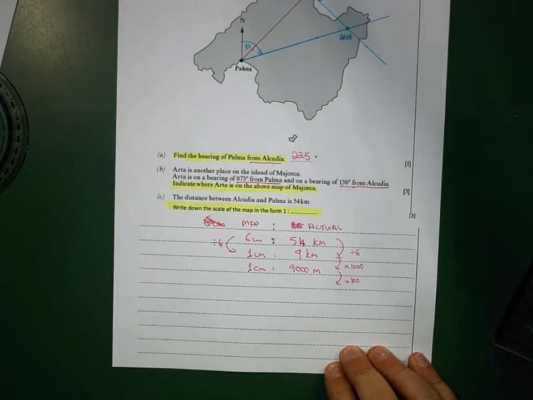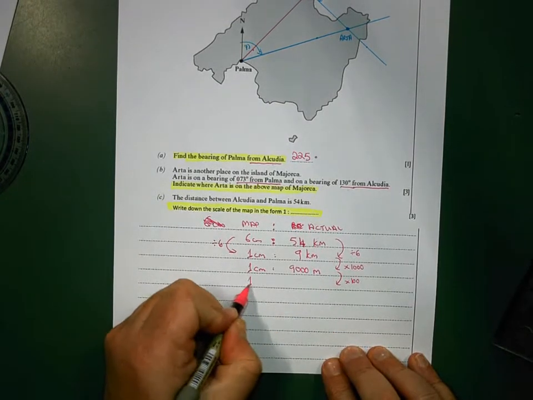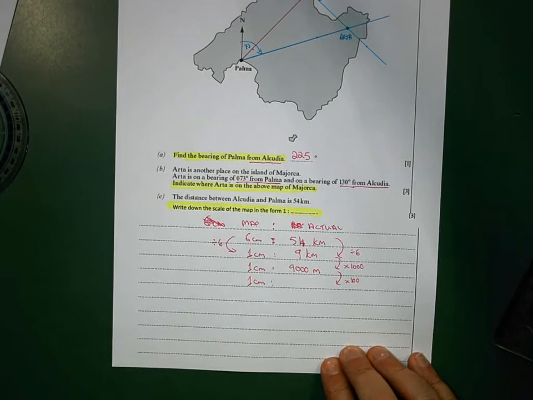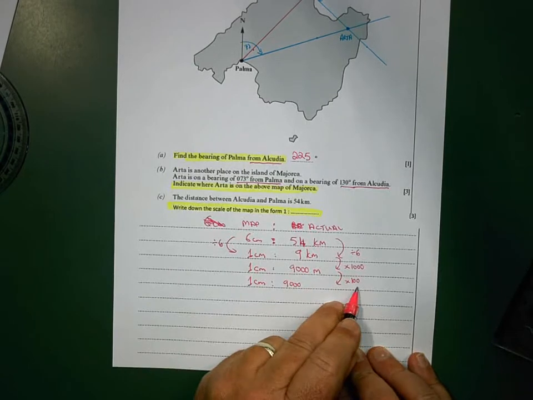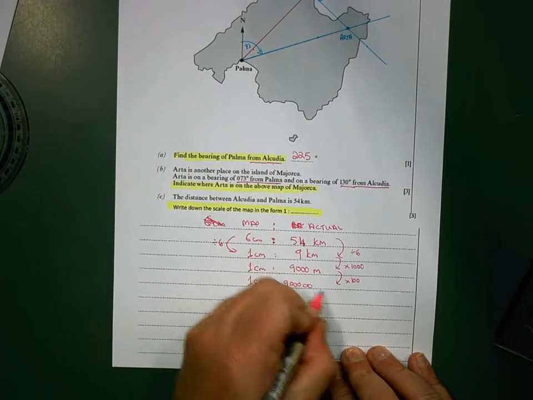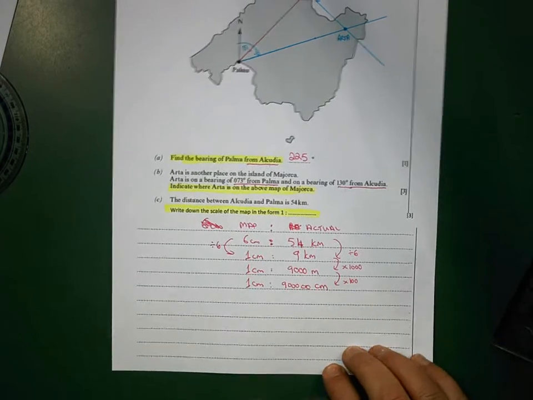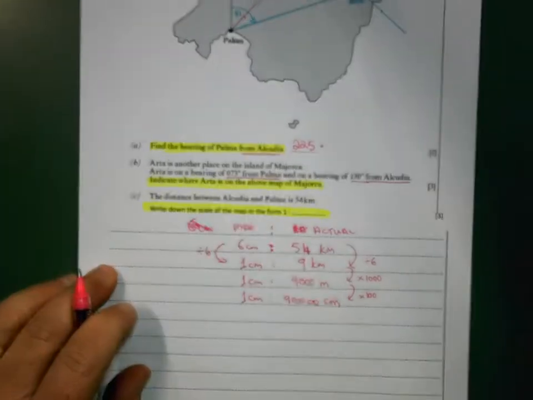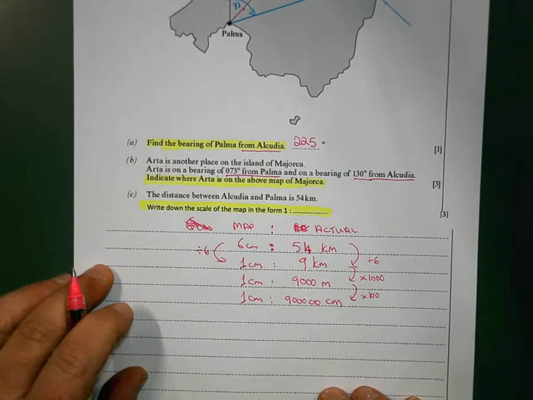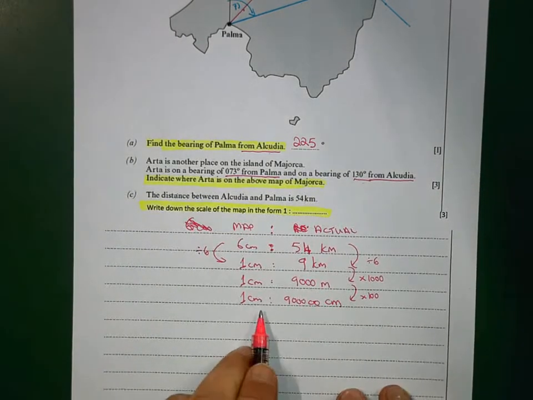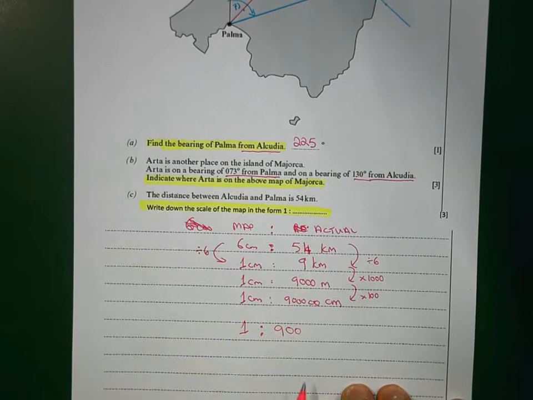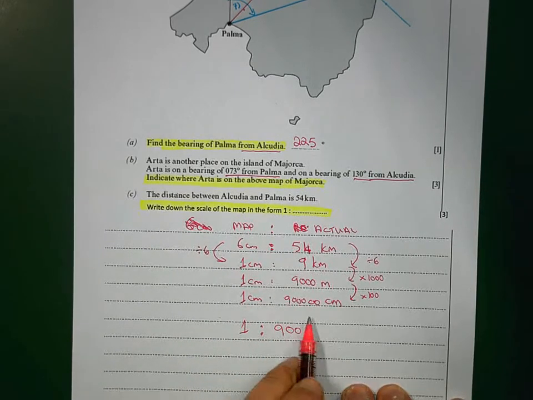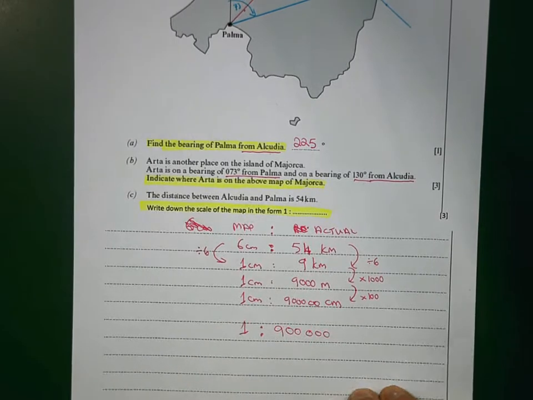So if I times that by 100, I get 1 centimeter on the page, on the map, is 9,000 with another 2 zeros added to it, centimeters. And once I've got centimeters and centimeters on both sides, I don't need to write the units anymore. So then I can just write it as 1 colon 9 followed by 5 zeros, which is the answer.